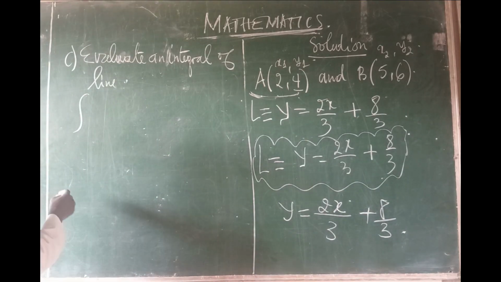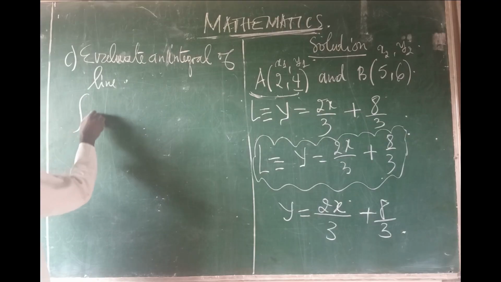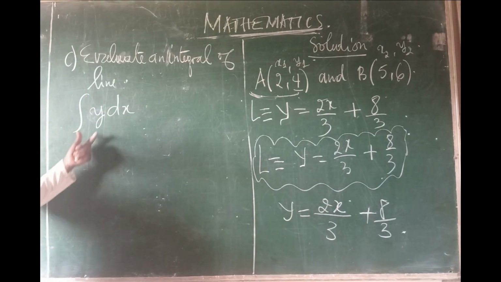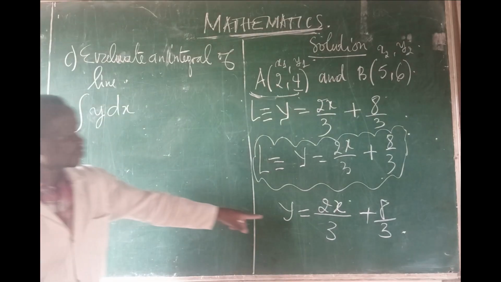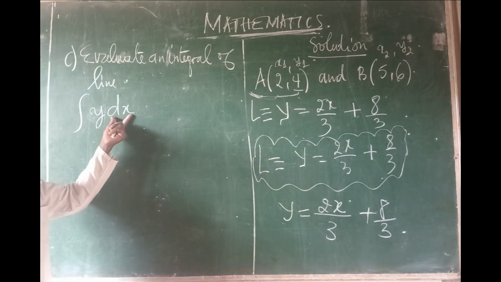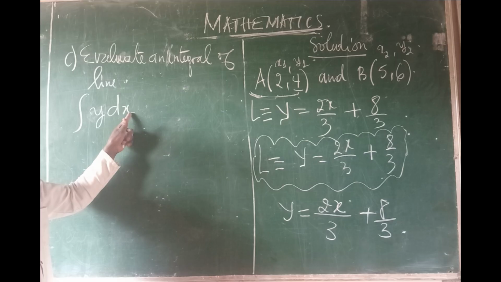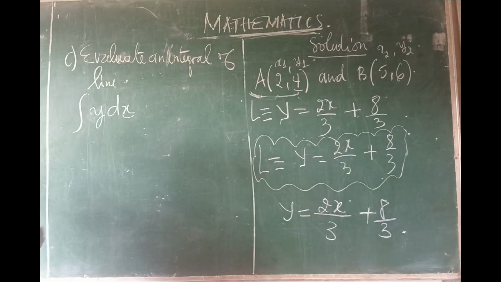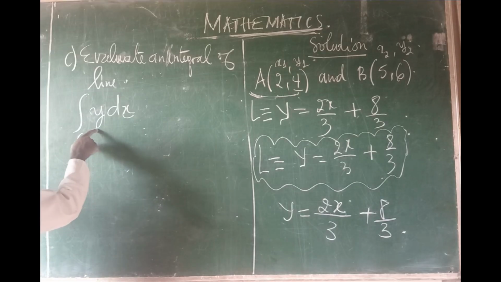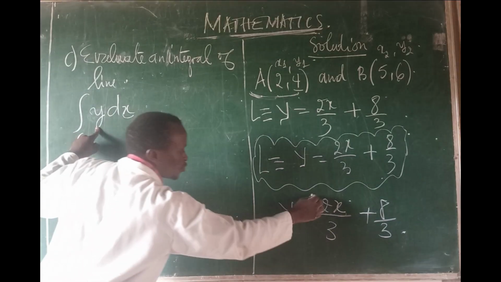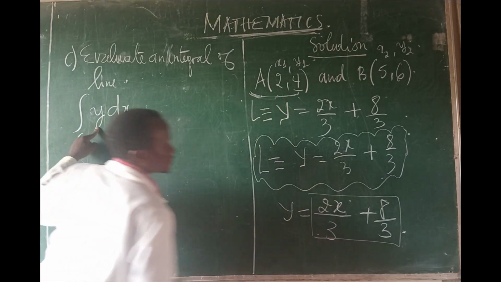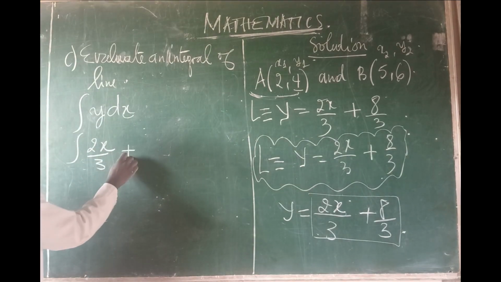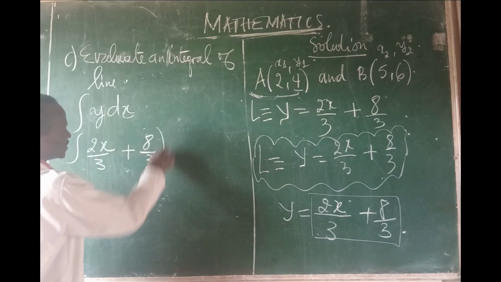It is the integral of y dx. We're going to make an integral of y with respect to x, because we have x in the formula. So now it is the integral of, the value of y is equal to this one, 2x over 3 plus 8 over 3 dx.